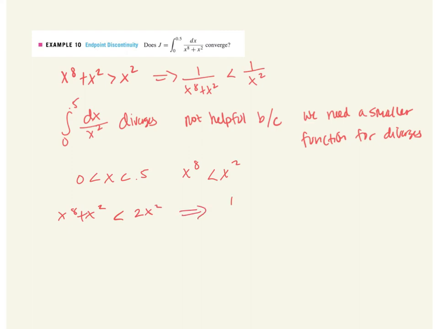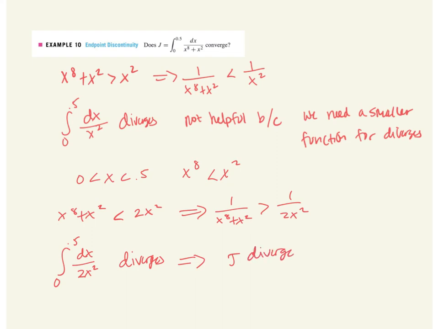And the opposite, 1 over x to the 8th plus x squared is greater than 1 over 2x squared. So from 0 to 0.5 of dx over 2x squared, this diverges based on the table, and therefore J also diverges. Okay, so that is the last section in chapter 7.